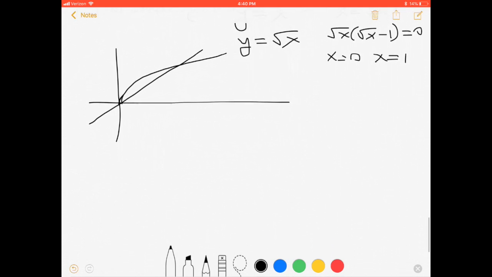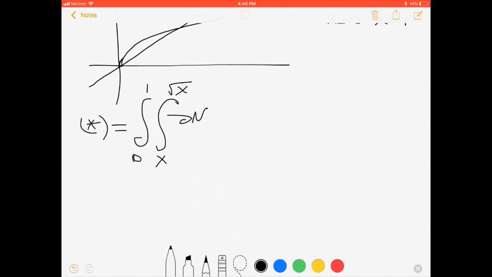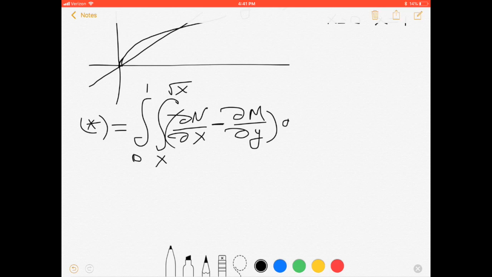Our integral will be equal to the double integral. Here x changes from 0 to 1, y changes from x to square root of x, of the partial dn/dx minus dm/dy, and then we have dy dx.